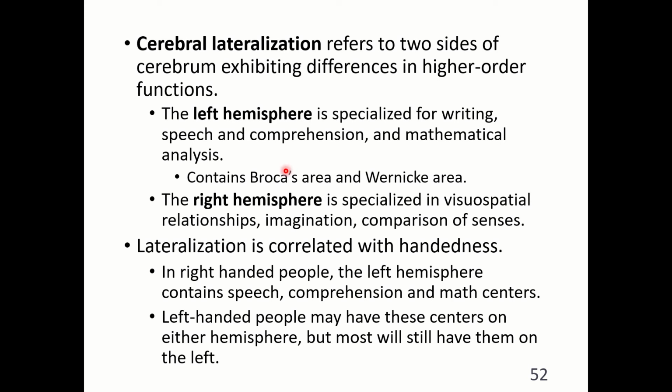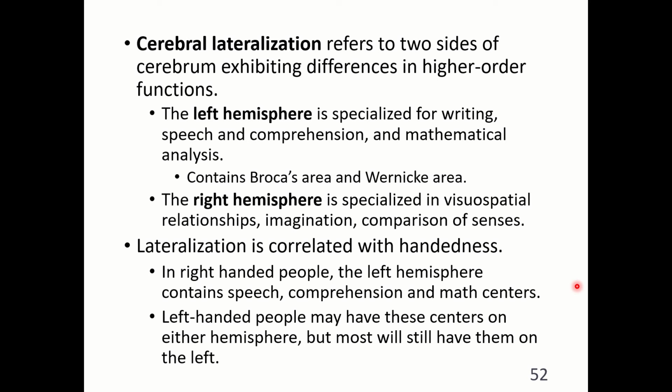Broca's area is for motor speech. If you recall, it's in the frontal lobe. And Wernicke's area is for recognizing language and is in the posterior association cortex.